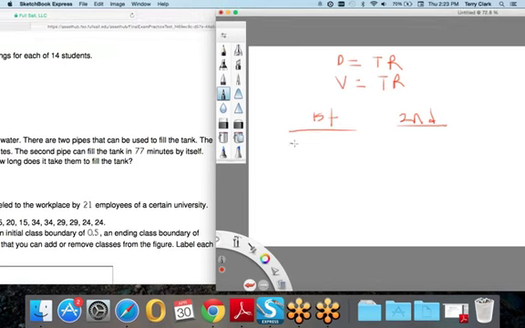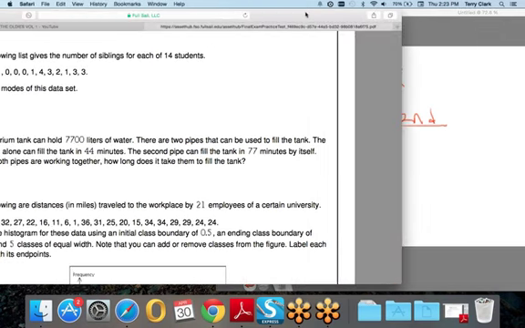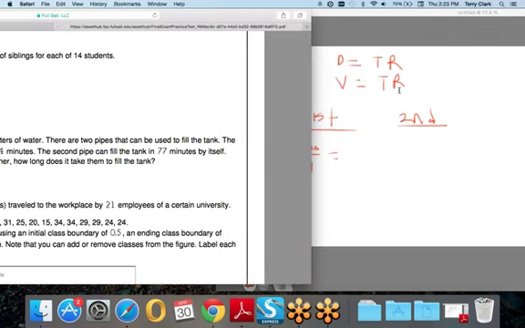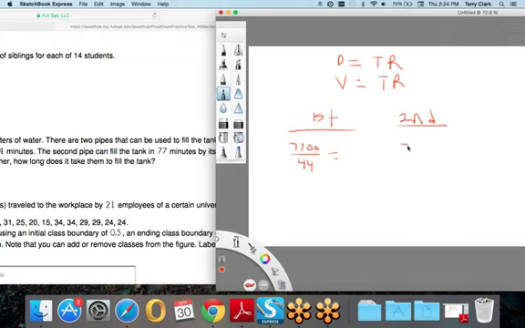So I'm going to take 7,700 and divide it by 44 minutes, and that will give me the rate of the first pump. And then to find the rate of the second pump, I'm going to say 7,700 divided by 77 minutes, and that'll give me the rate of the second pump.